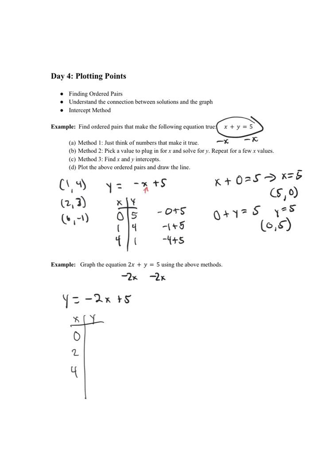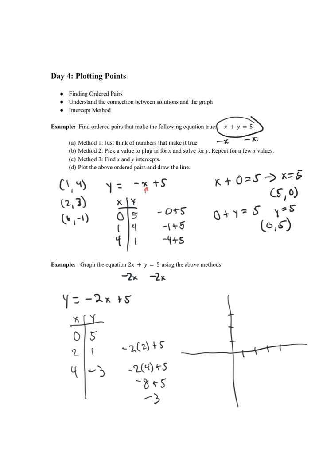If you plug in 0, you get 5. If you plug in 2, that would be -2 times 2 plus 5, so -4 plus 5 would be 1. If you plug in 4, that'd be -2 times 4 plus 5, so -8 plus 5, -3. Now we can draw our graph based on these values.